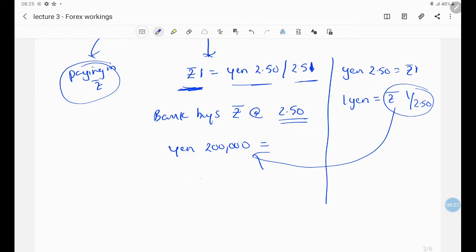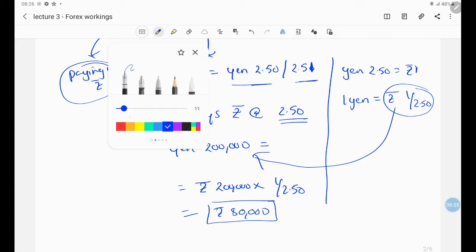So we'll be getting rupees 2 lakh into 1 divided by 2.50. So when I divide 2 lakh by 2.50, we'll be getting rupees 80,000, right? So this is a negative value, because we have to pay in rupees.